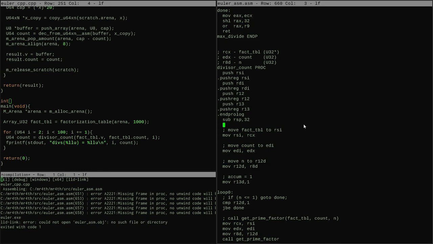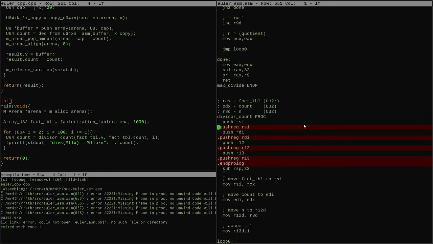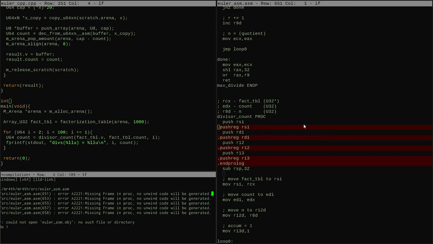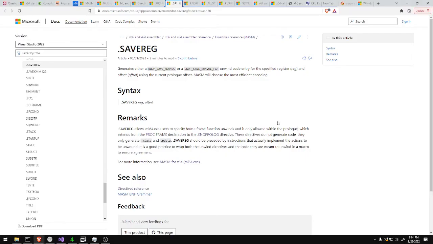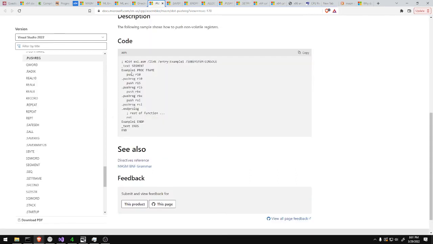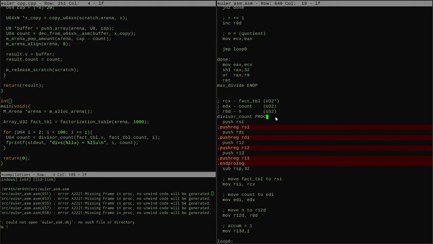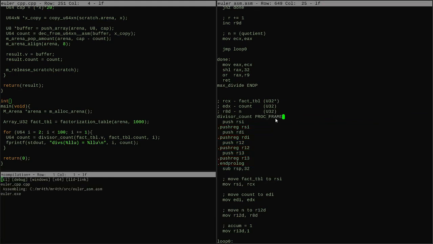Missing frame in proc. Okay. Proc frame. Okay, so I need to say proc frame. It's a little goofy.